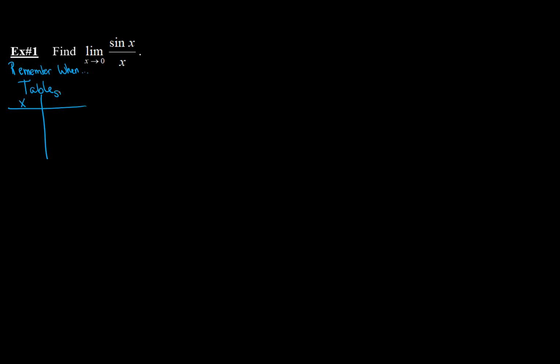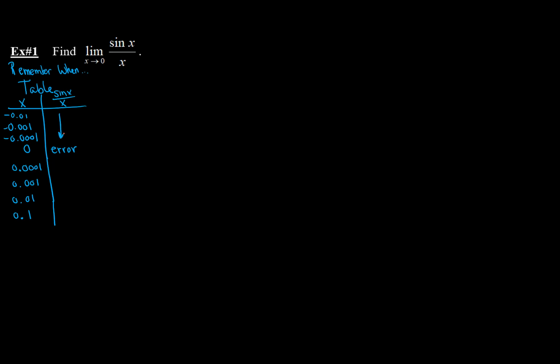So here's x, and here's sine of x over x. And we use values very close to 0. At 0, we got an error, but we plug in values close to 0, like 0.0001, 0.001, 0.01, 0.1, or these negative values, negative 0.0001, negative 0.001, negative 0.01, and so on.